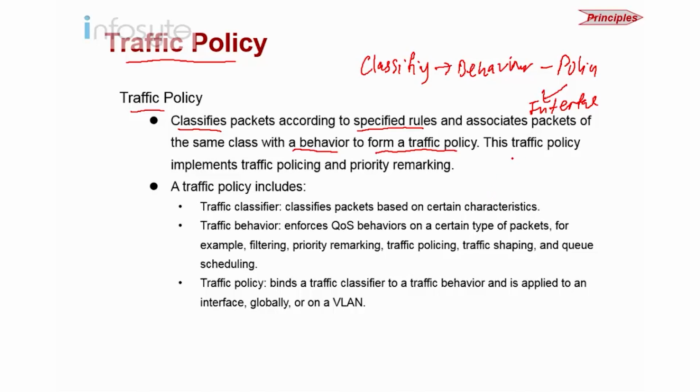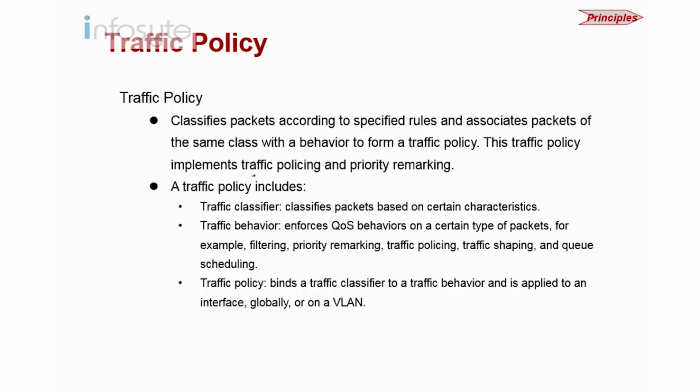The traffic policy can be inbound or outbound, and you can also implement certain actions such as remarking. So these are the examples that I mentioned here: classifier, behavior, and policy. The classifier is for you to classify the packet. The behavior determines what type of behavior you want.